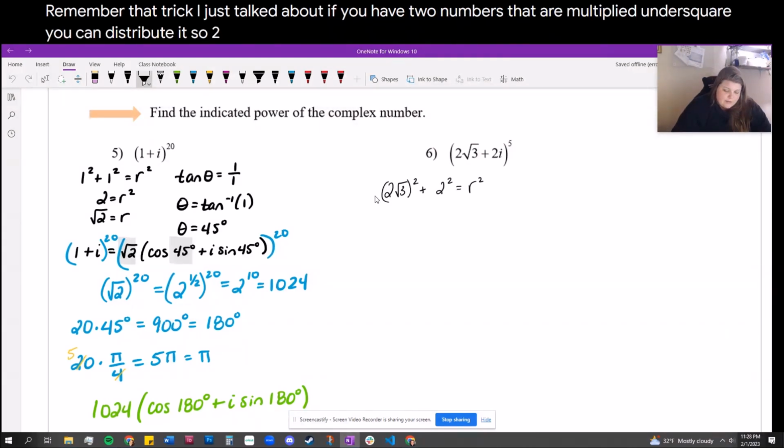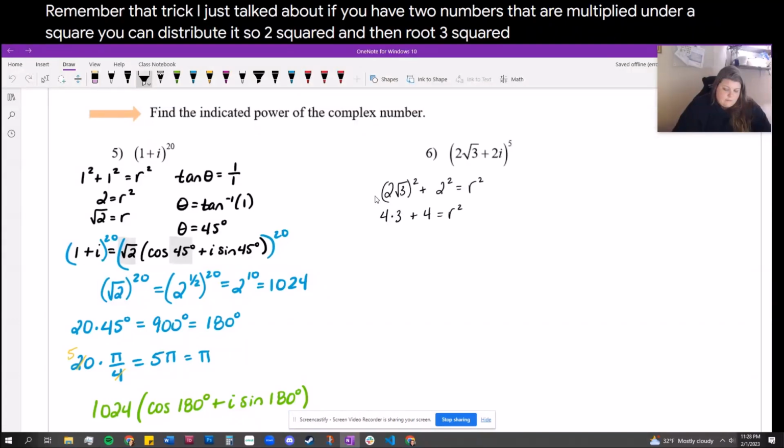So 2 squared and then root 3 squared. Now let's find the angle using tangent.